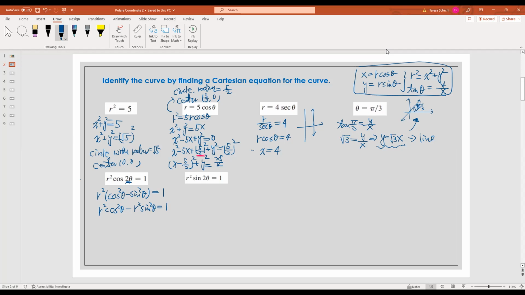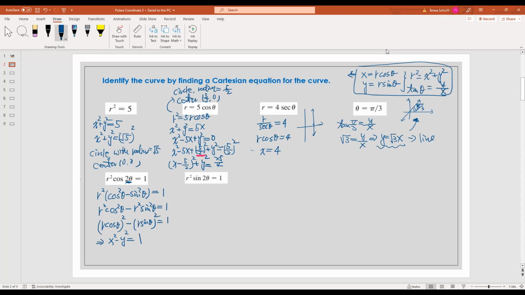Okay, so now take a look here, because I want to use this relation. So this can be r cosine theta, the whole thing squared, minus r sine theta, the whole thing squared, equals 1. Wow, what is this one? Oh, this one is x squared minus y squared equals 1.